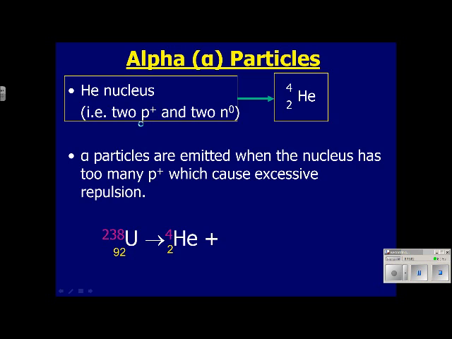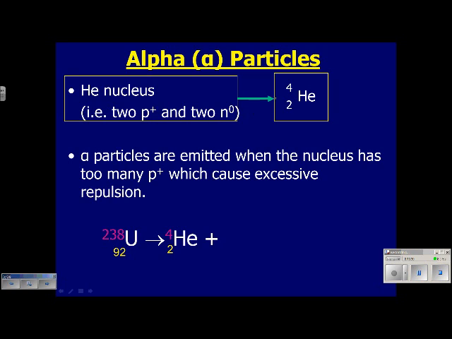So let's write a little bit of information down about alpha particles. Again, when you run through the PowerPoint, you'll have a chance to write these down. They're helium nuclei. This doesn't say He like a boy, it's He for helium. Therefore, they're made up of 2 protons and 2 neutrons. So the symbol for them looks like this: He, mass number 4, atomic number 2. 2 protons, 2 neutrons.